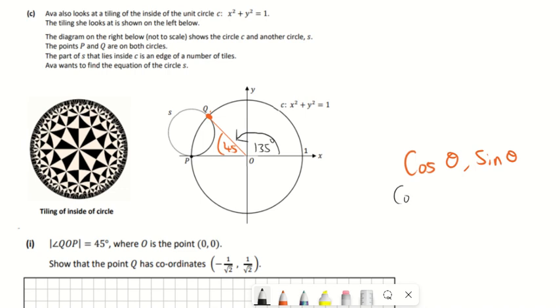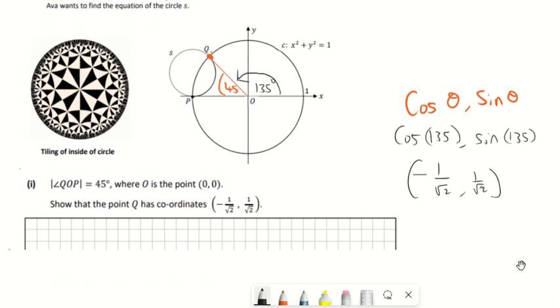So it's just going to be cos of 135, sine of 135, and you can just use the calculator and it'll calculate it for you. So you're going to get minus 1 over root 2 and 1 over root 2. So that's the point, so that's enough to show it. And that's all you really need to do for the first part.